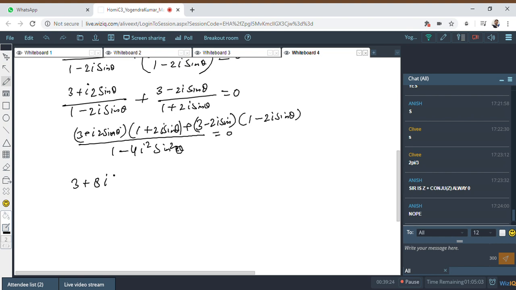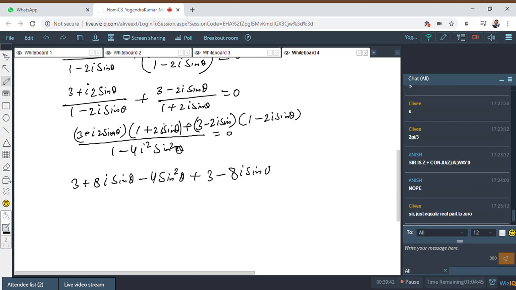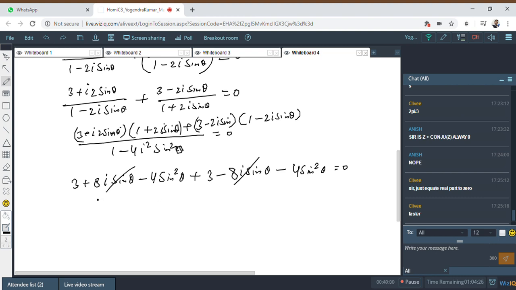So it will be 8i sin theta minus 4 sin square theta plus 3, and minus 8i sin theta. Minus minus plus, but i square, so that's why minus 4 sin square theta is equal to 0. So the imaginary part is getting cancelled.